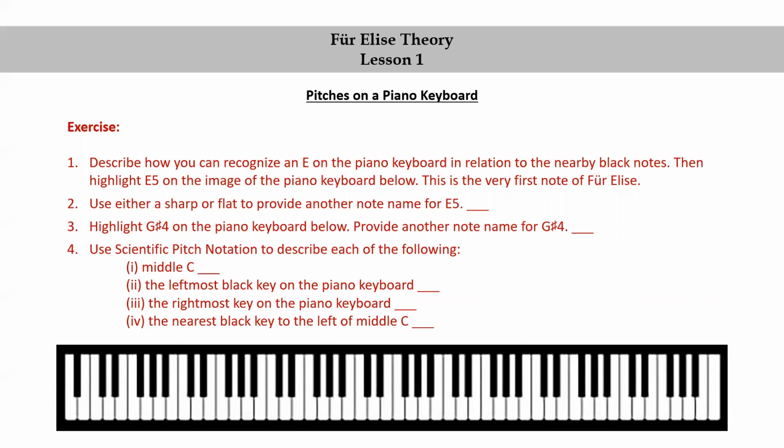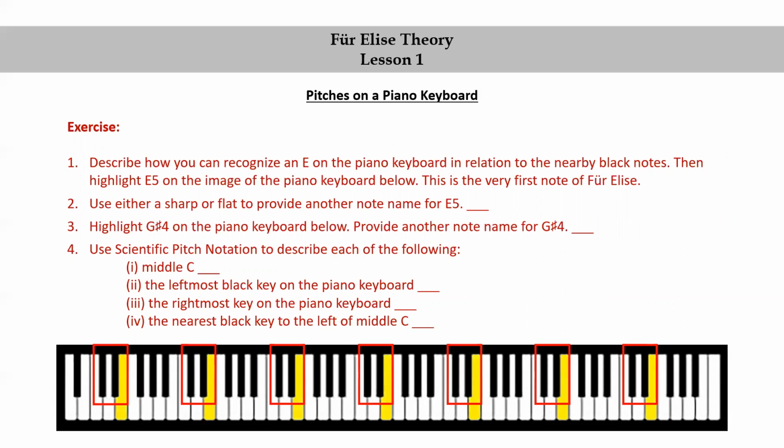Describe how you can recognize an E on the piano keyboard in relation to the nearby black notes, then highlight E5 on the image of the piano keyboard below. This is the very first note of Für Elise. Okay, so let's describe how we can recognize the E on the piano keyboard. We'll look for two black notes in a row.